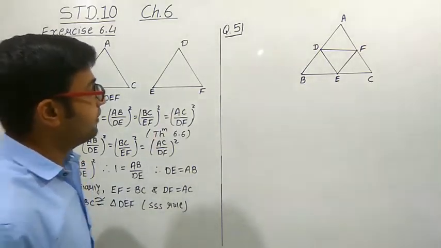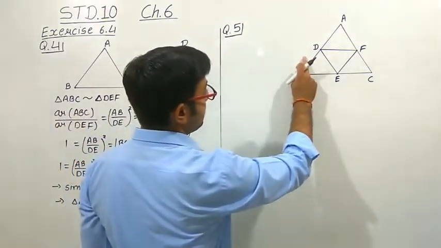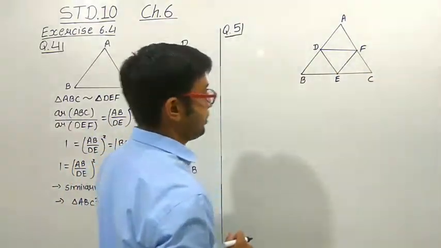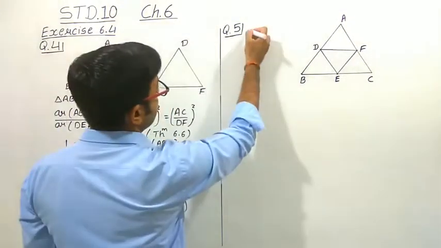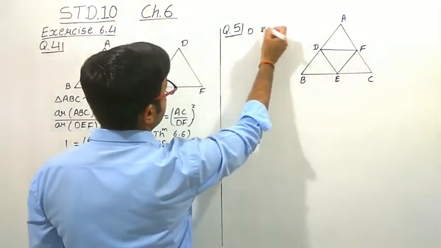See, here we are given that D and F are the midpoints of sides AB and AC. So let us start from there.